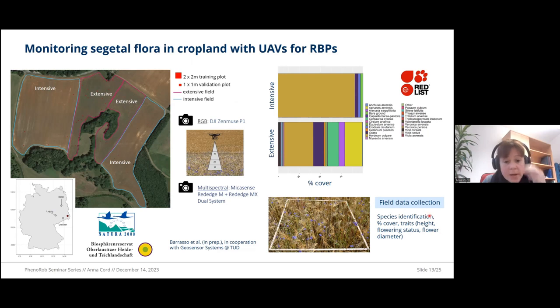We identified to the species level, estimated proportional cover, and also estimated traits. As you can see, this brownish box is barley, which makes up most of the cover in the intensive fields. It's of course also the major plant on the extensive fields, but you can see here that there's a huge variety of different floral species.